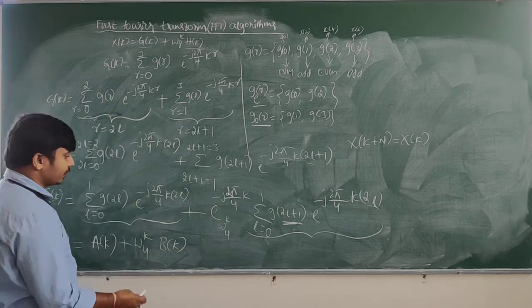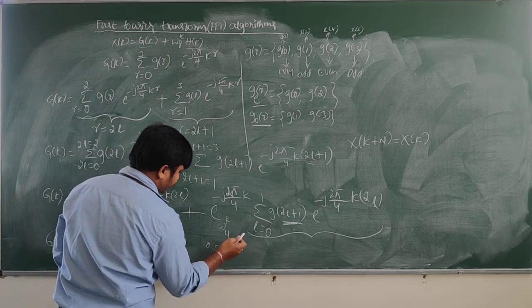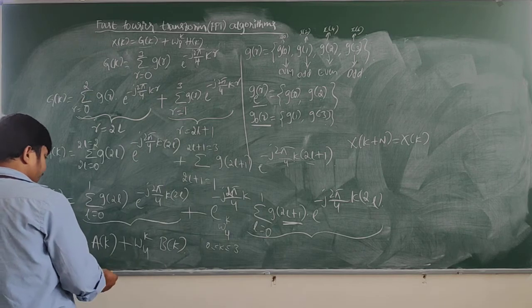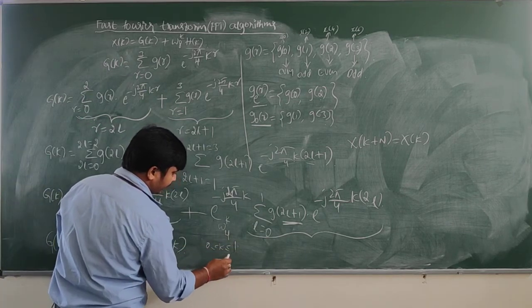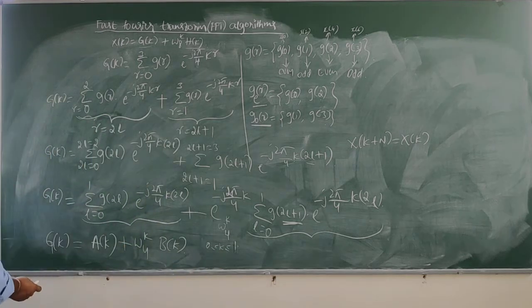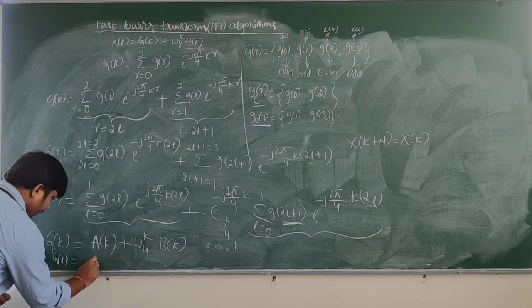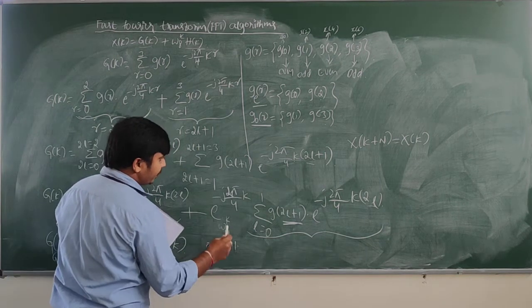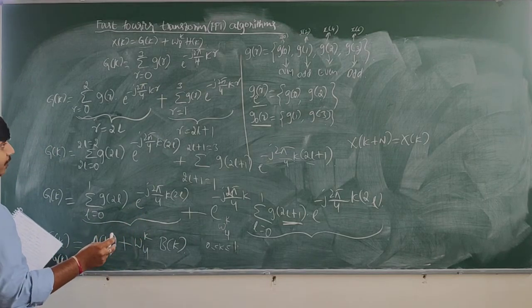So for the range k varies from 0 to 3. Sorry, here for 0 to 1. Again here the even part and the odd part. So g of k is equal to the 4-point DFT.